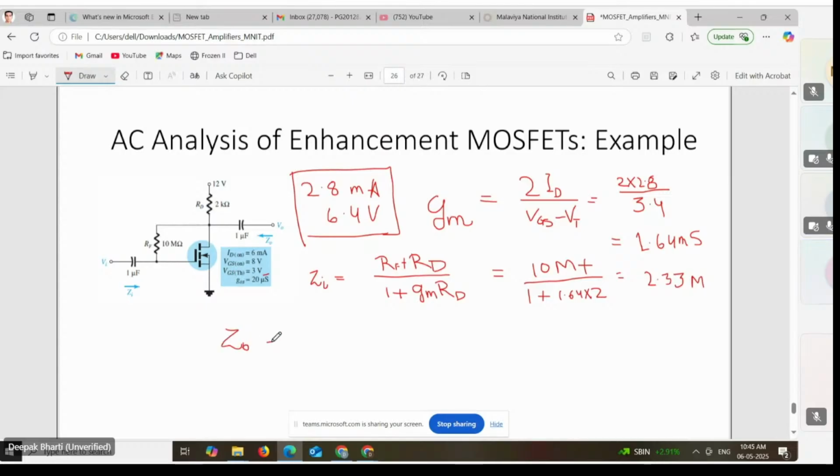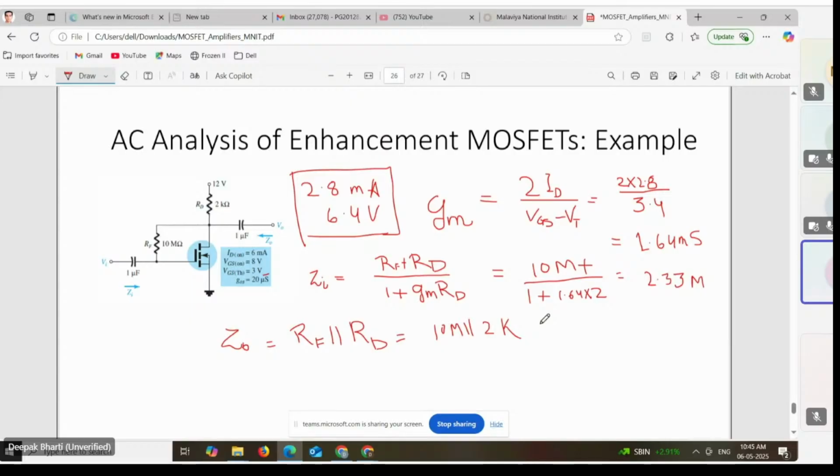Z naught. Z naught we had calculated as RF parallel RD. Okay, it will be 10 mega parallel 2 kilo ohm. So you will know it will be close to 2 kilo ohm and less than 2 kilo ohm.